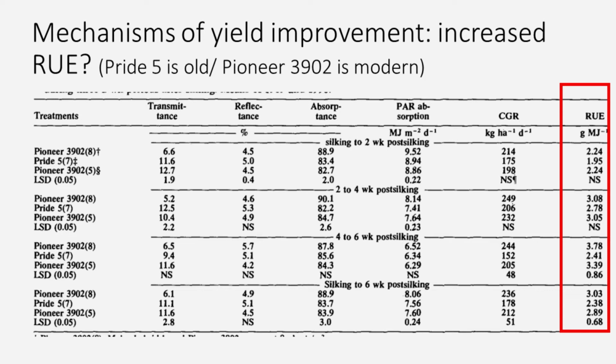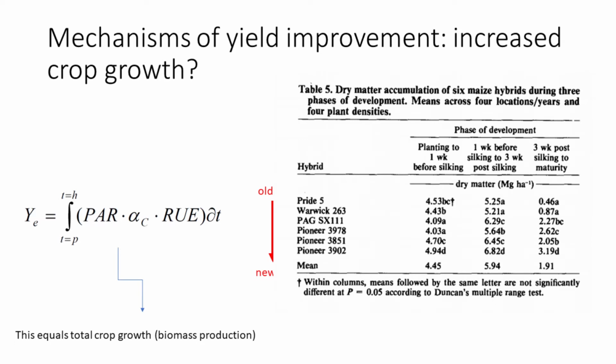So, based on this study, we can conclude that after silking, radiation use efficiency is greater in those more modern hybrids. So the first part of the yield equation, radiation use efficiency multiplied by the proportion of PAR absorbed by that crop from planting to harvest, that expression is equal to total crop growth.